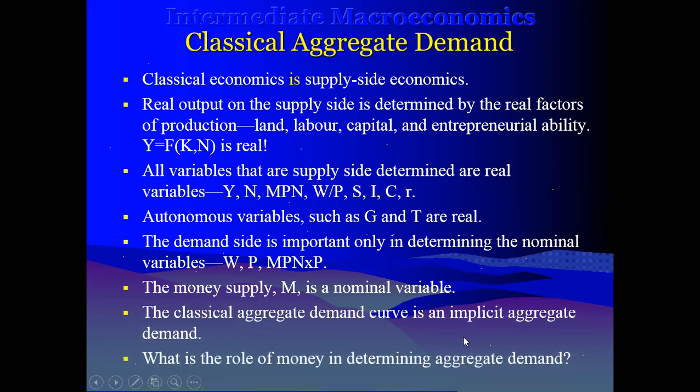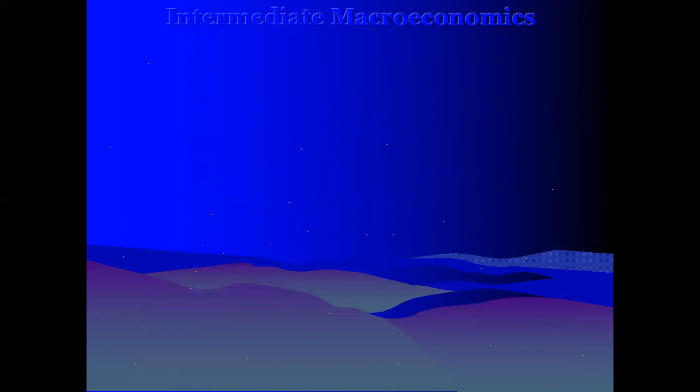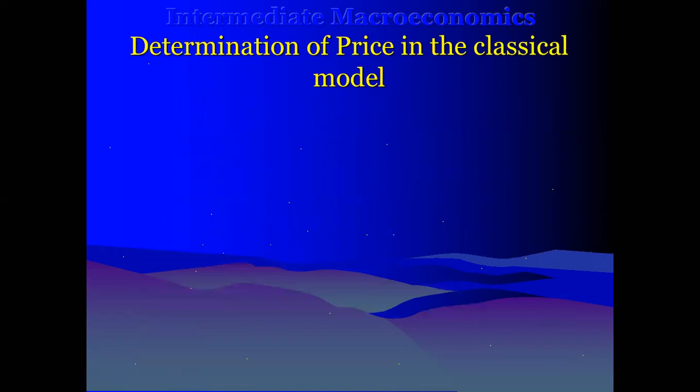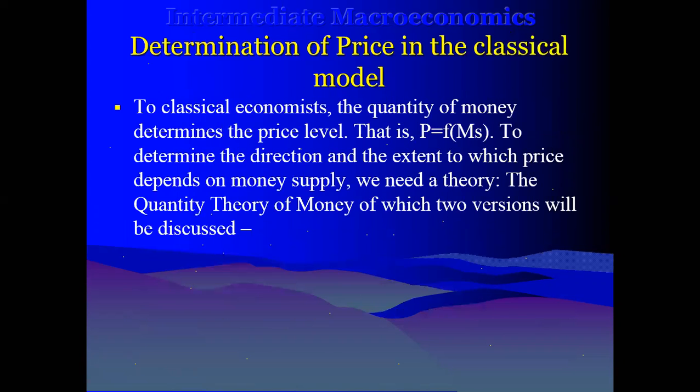So let's look at it. What we'll be looking at is the role of money in determining aggregate demand. We'll start with the determination of price model. We'll be using the quantity theory of money. I'm sure you've heard it before. What we'll be looking at is what determines the general price level.